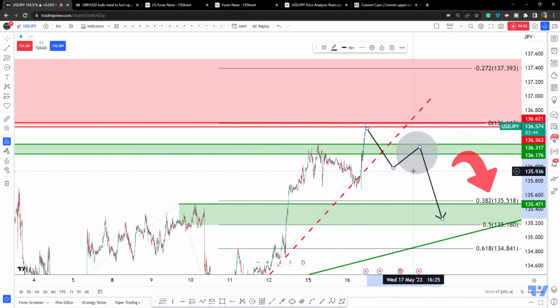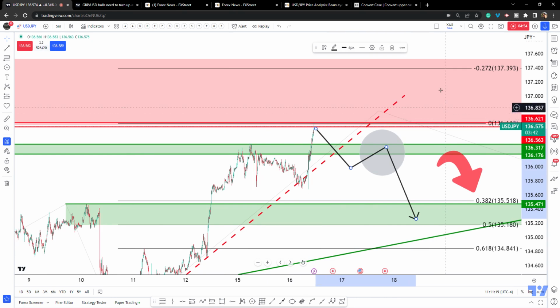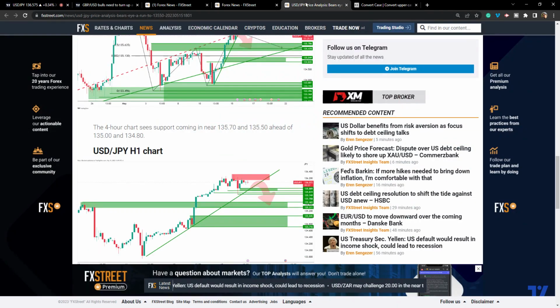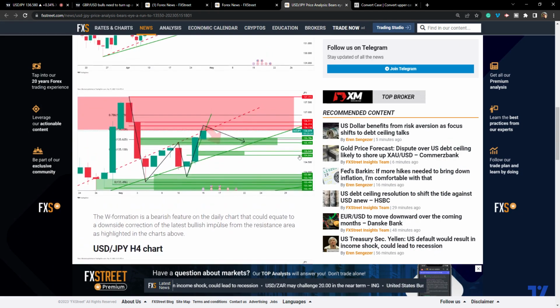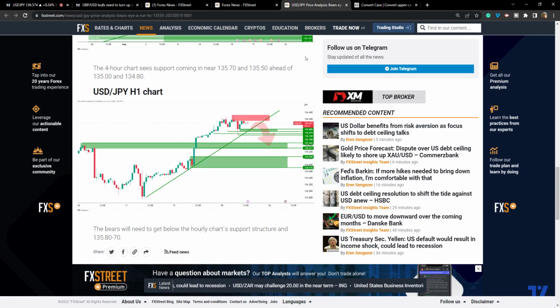So that is my outlook for dollar yen, and this analysis that I'd drawn yesterday. We're currently seeing the hourly chart move up into resistance, as we've noted over here. So this hasn't played out, but it still has potential to play out.